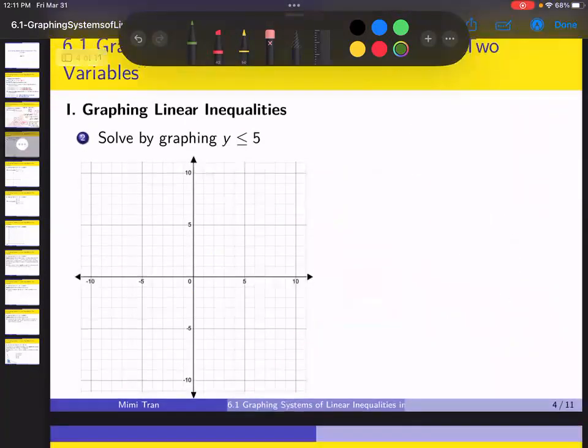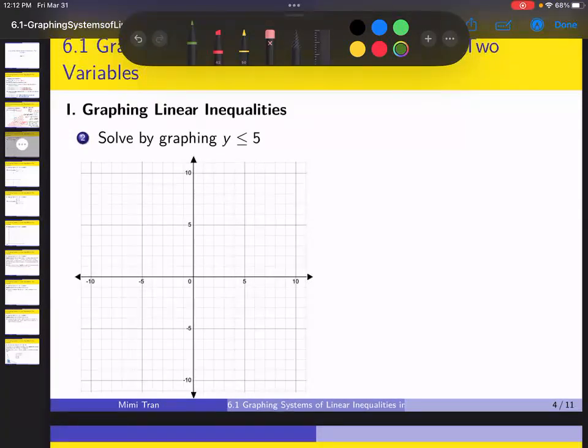So, why don't you guys try that one? This should be very easy. What's the solution?